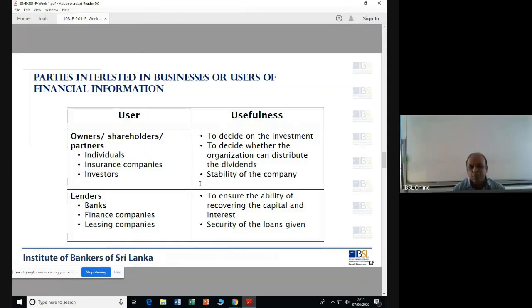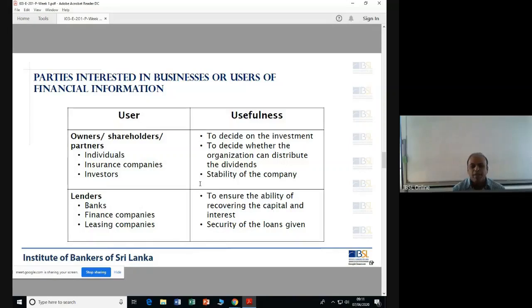So from the bank's point of view, before I give a loan to a customer or to a business, I need to ensure whether this customer or the business is capable of repaying the capital and interest to me, because I'm not going to give money freely. For every loan that I give, I charge an interest, say 12%, 14%, whatever.